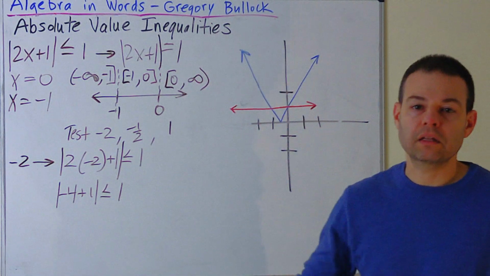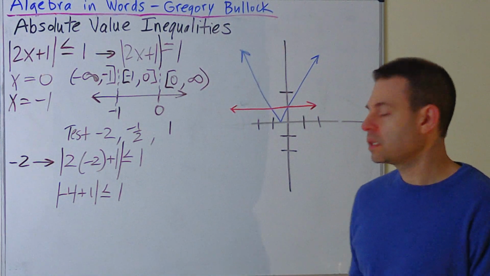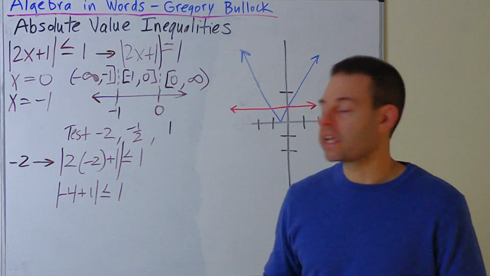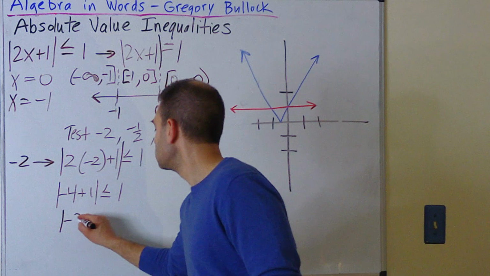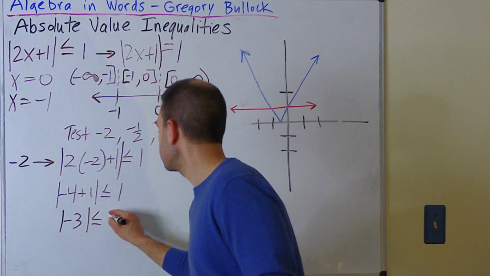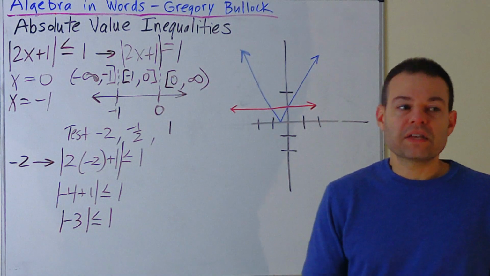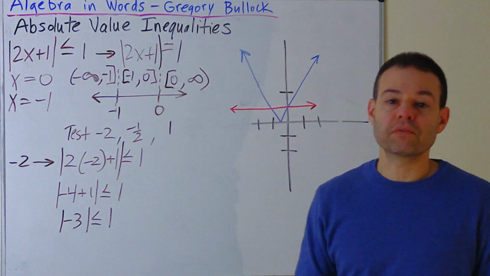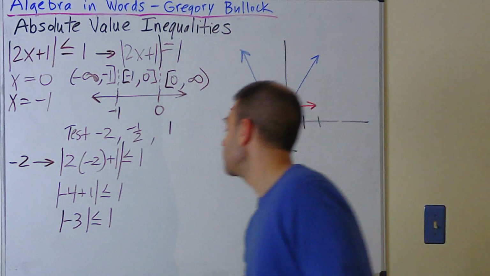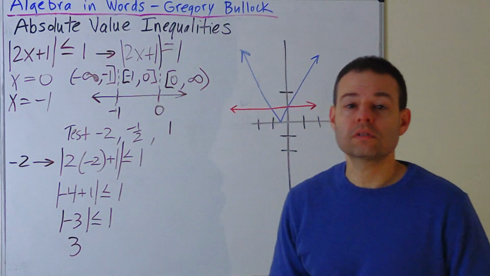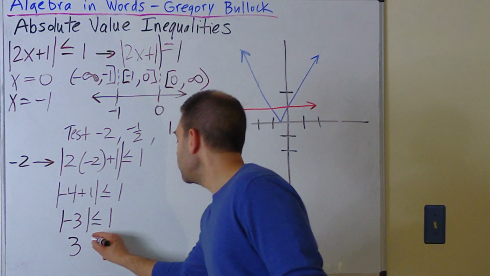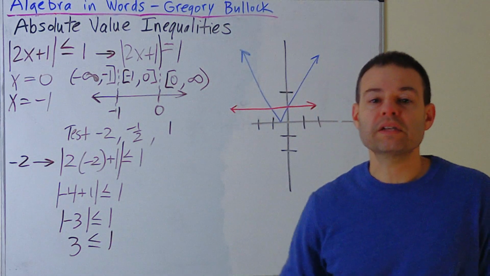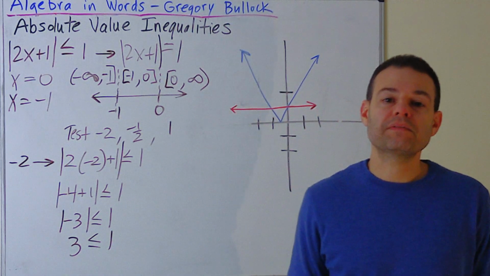Plus 1, and I close the group, is less than or equal to 1. -4 plus 1 is -3. Is less than or equal to 1. And now we take the absolute value of -3, which is positive 3. So now if you can see there, we simplified it down as much as possible to 3 is less than or equal to 1. And now we have to check that.